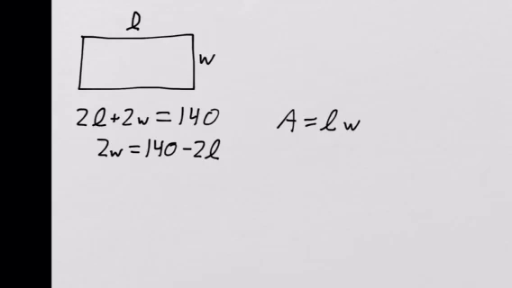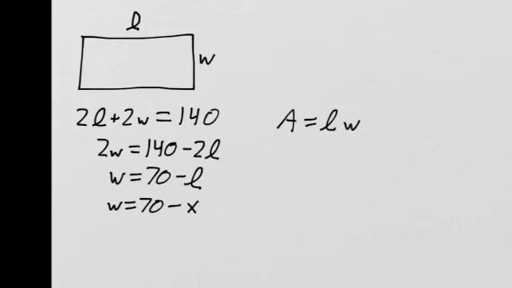And then we can divide both sides by 2, and we get W equals 70 minus L. Now the problem said one of its dimensions is x. So I'm going to replace L with x. So we get W is equal to 70 minus x.